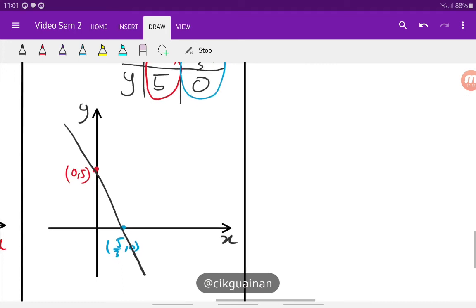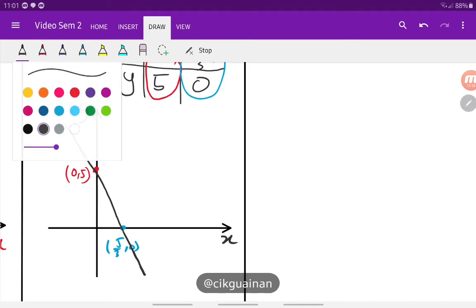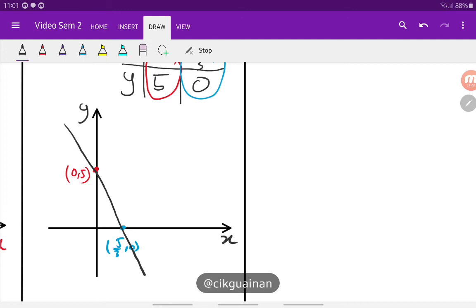How do we know the region? We can use a test point. In the previous one, I used the origin. Actually, for the test point you can use any point that you want, as long as the point does not belong on the line that you want to test. For example, we can use the origin, or maybe something like (5, 5).